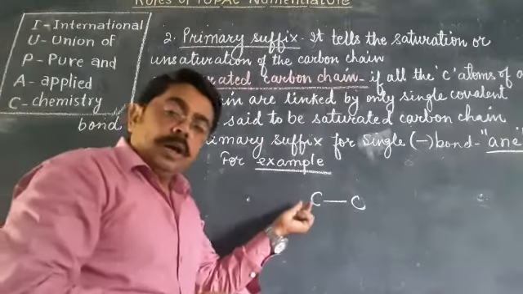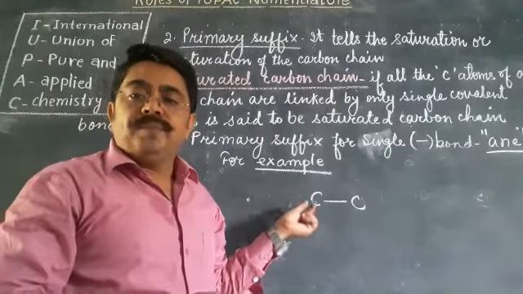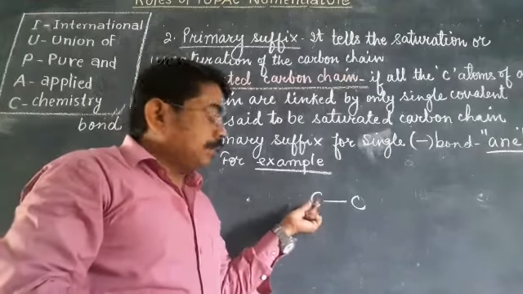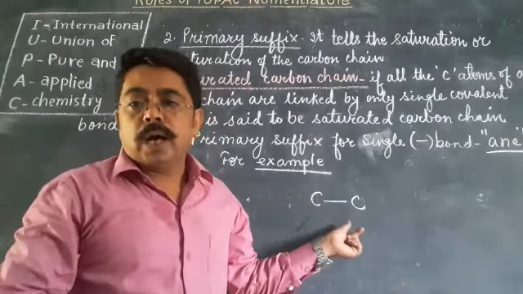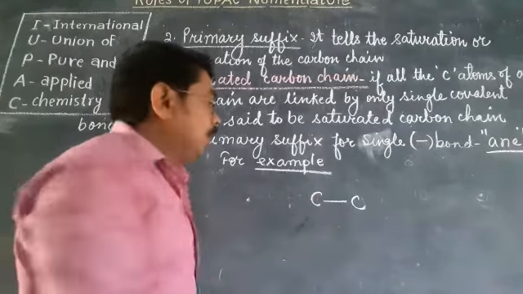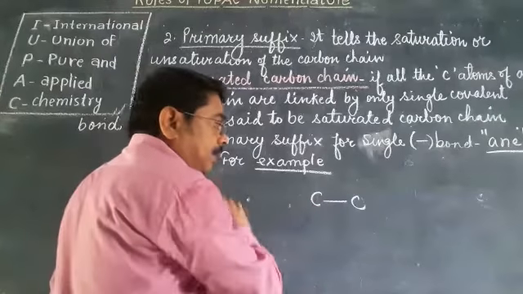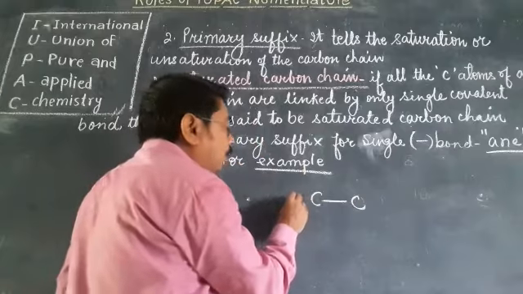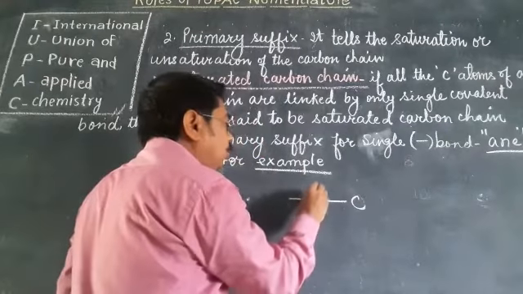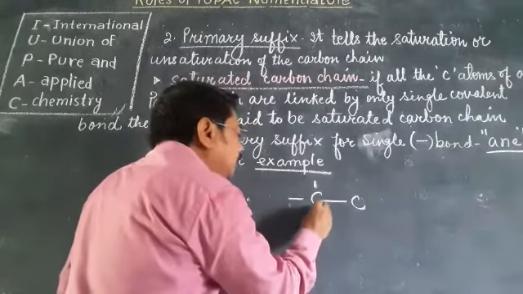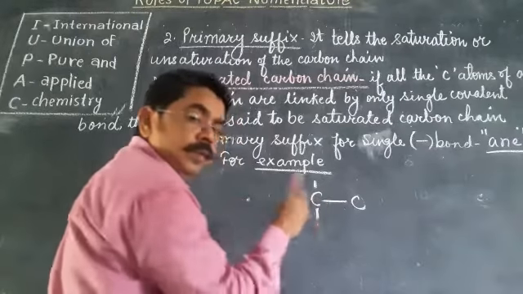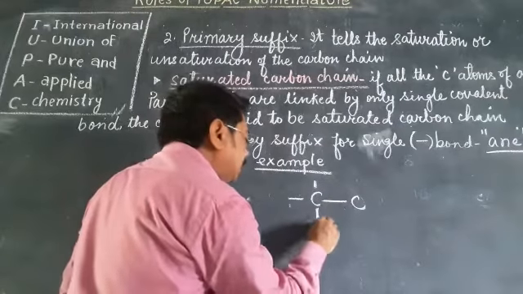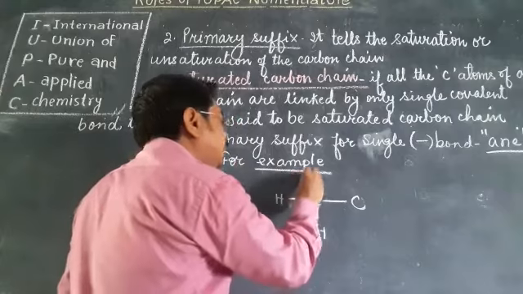Then, in order to write its IUPAC name, first of all, the tetravalency of both the carbon atoms should be satisfied. So we are starting with this carbon. One bond is already present. How many more bonds are needed to satisfy its tetravalency?